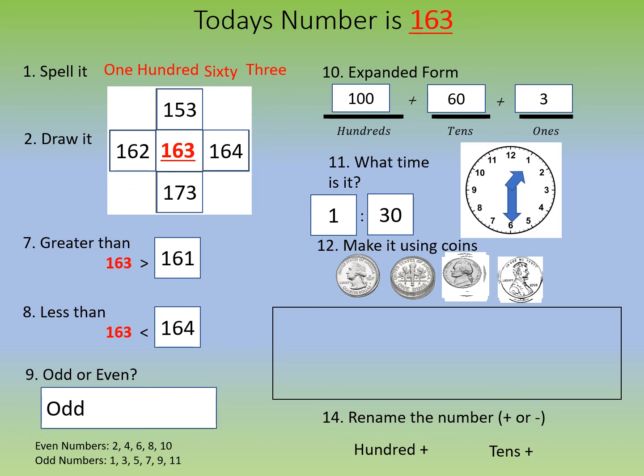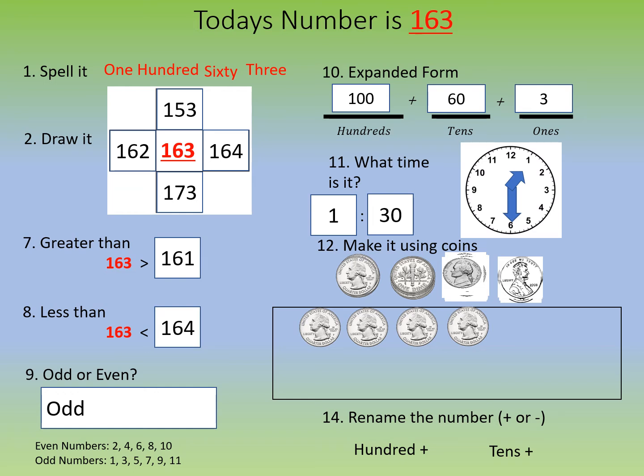We need to make 163 cents. How could we do that? Well, we're going to start with quarters today. 25, 50, 75, $1. 4 quarters equal $1. So we have $1 so far.